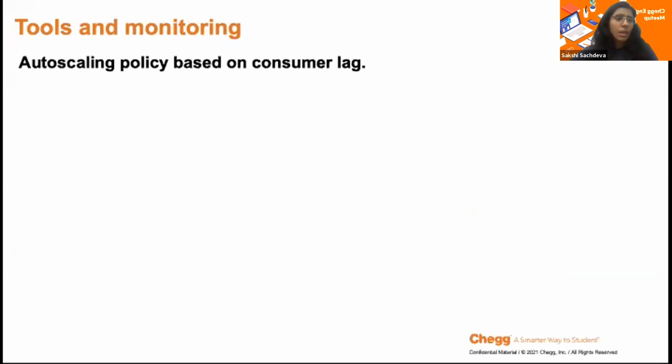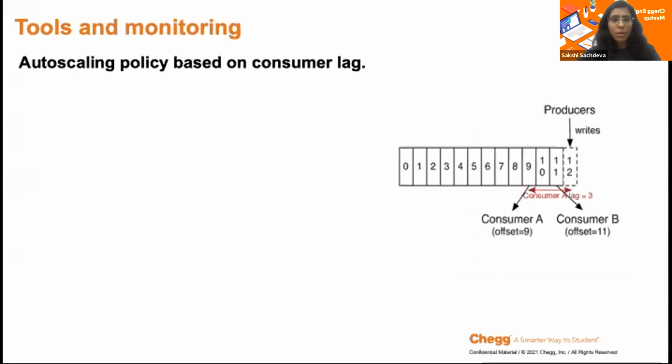Then auto scaling policy based on the consumer lag. To understand, let's first go through what consumer lag is. As Subbu described in earlier slides, this is a partition of a topic, and the producer will be writing from left to right. Here the producer has written till index 12.